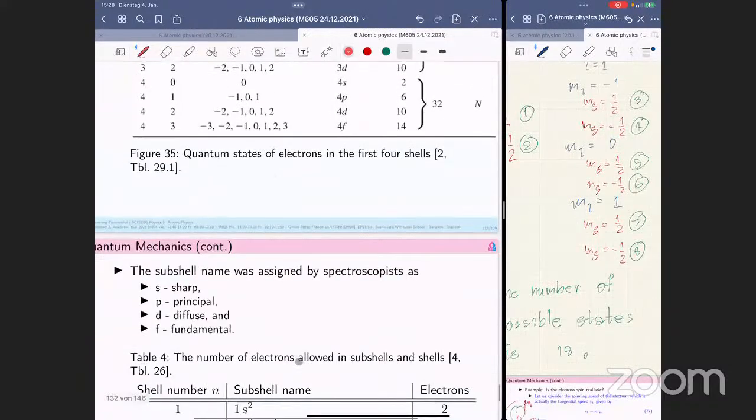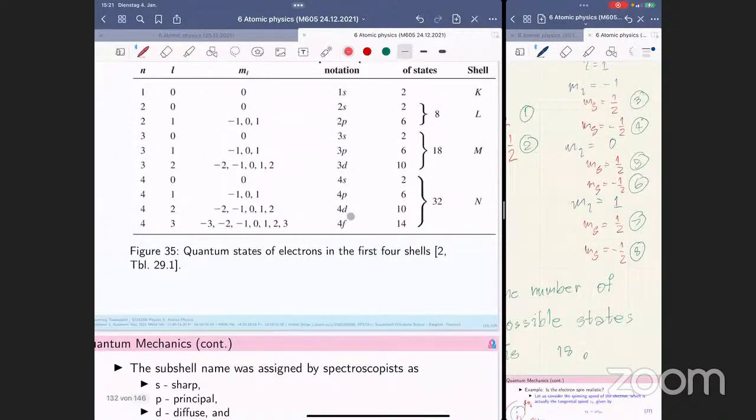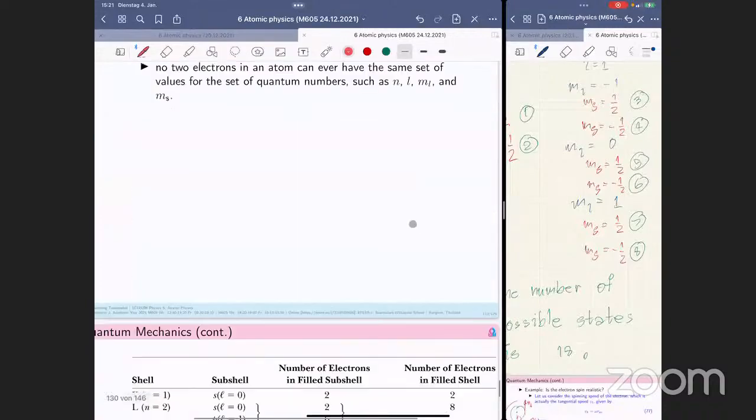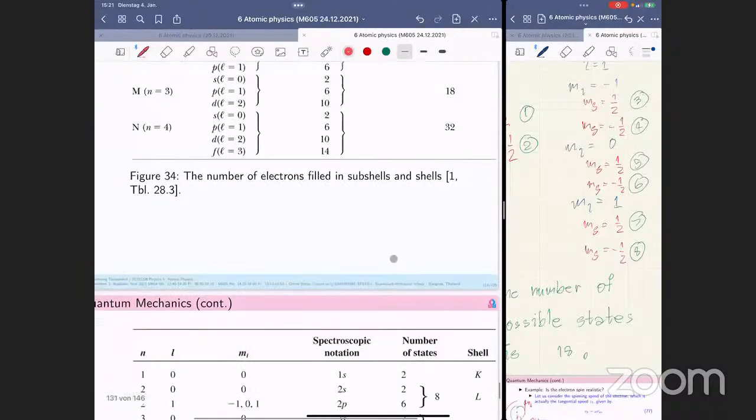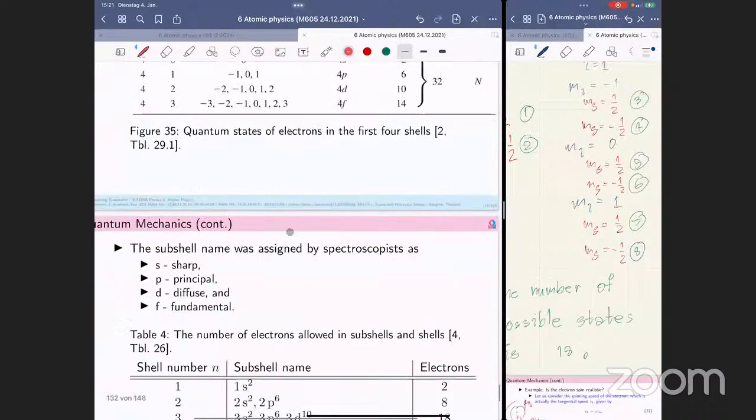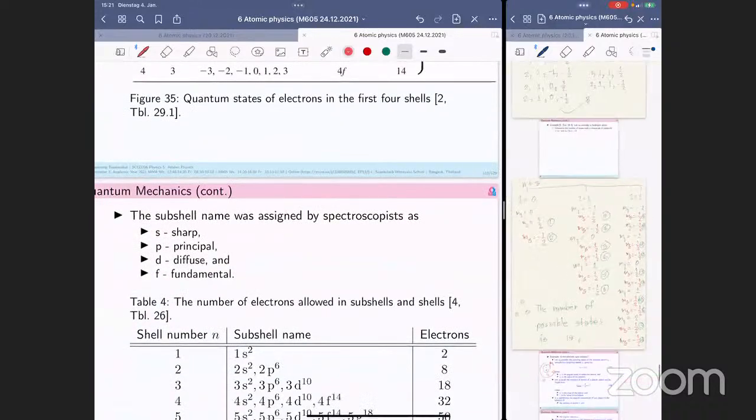All right. The subshell names were assigned by spectroscopists. Here is the meaning. S comes from the word sharp. P comes from principal. SPDF. You may ask me what is the meaning of SPDF, right?